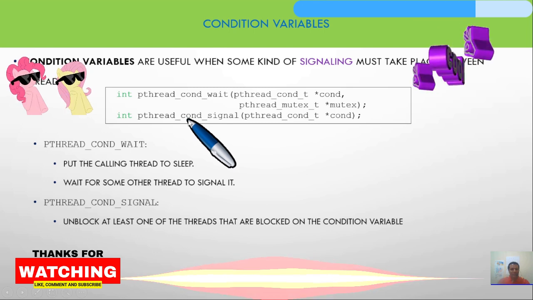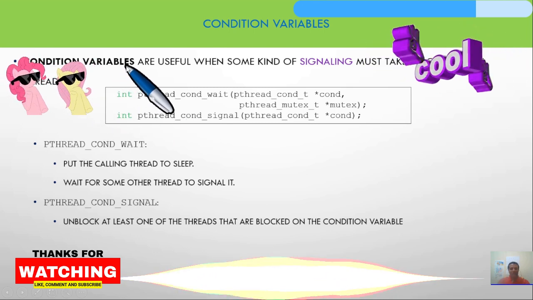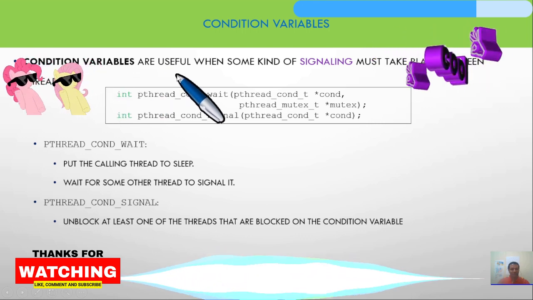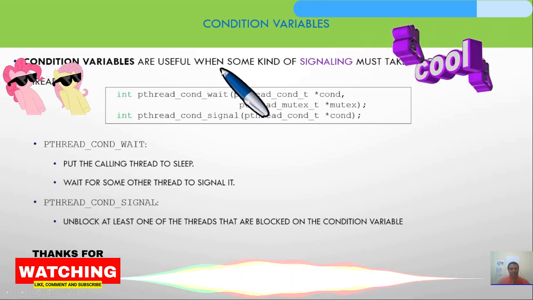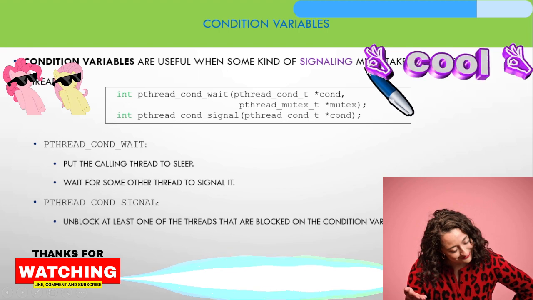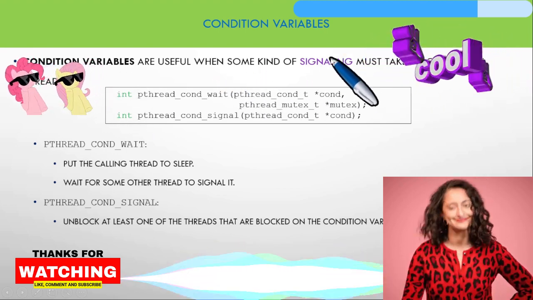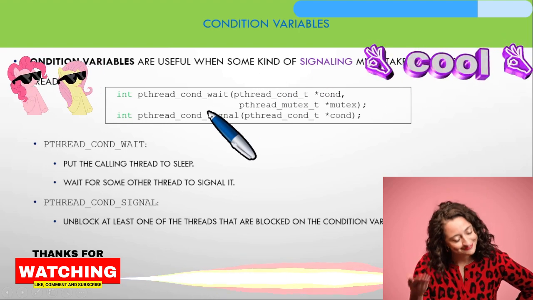So again, condition variables. Let's see what condition variables are. Condition variables are useful when some kind of signaling must take place between threads.